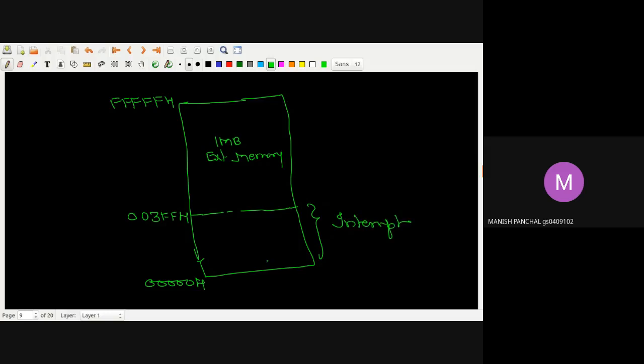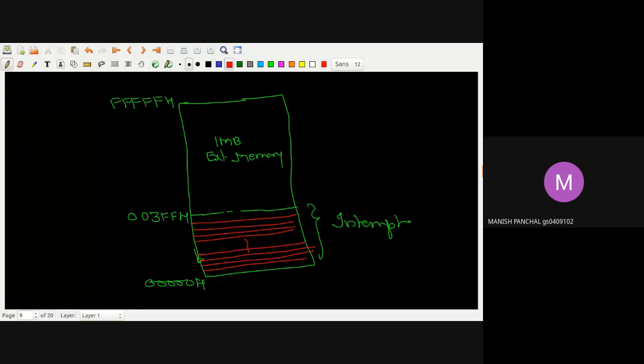Okay, so what is inside this? Here it contains, for example, it is divided like this: this is 1, this is 2, this is 3, and this is 4, for example. So what will it contain?